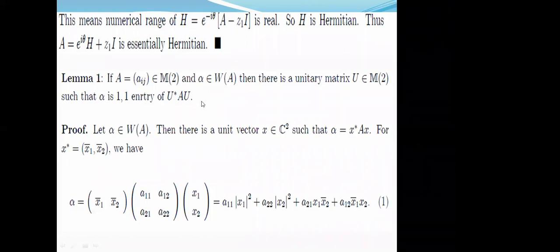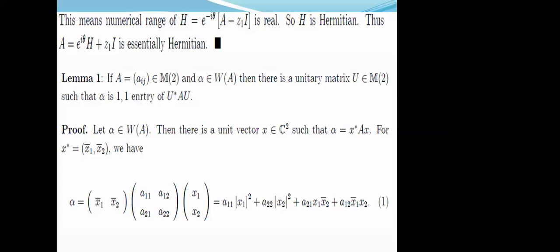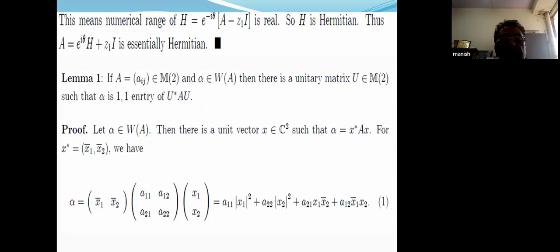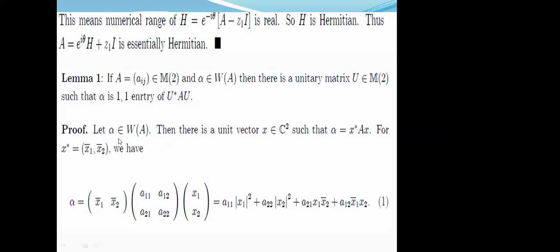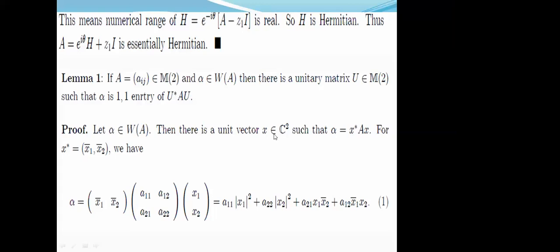So what is the meaning? If we have a 2 by 2 matrix and its numerical range, then from that numerical range we can choose any complex number to be the 1 by 1 entry of a matrix which is unitarily similar to the original matrix A. How? Suppose alpha belongs to the numerical range. Then there is x in E such that alpha is x star A x.